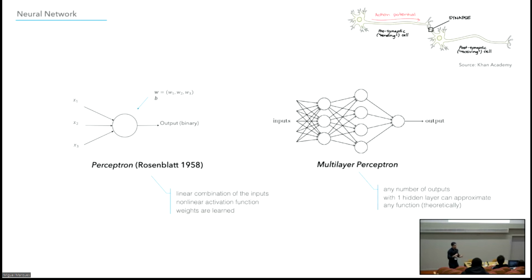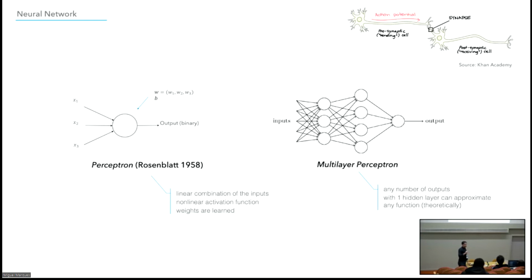So in this case, we have any number of outputs, and an important property of the neural network is that just using one hidden layer, so one layer in the middle, would be enough, theoretically, to approximate any function. Theoretically, because in practice, we will need an infinite number of nodes. So this doesn't work very well with such a shallow network, and that's where deep learning comes.